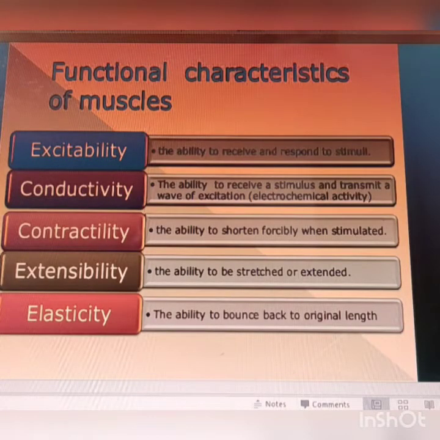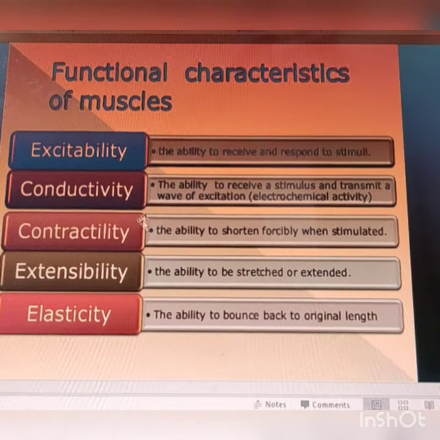So there are some functional characteristics of muscles, that is excitability, conductivity, contractility, extensibility and elasticity. The ability to receive and respond to stimuli is called excitability.